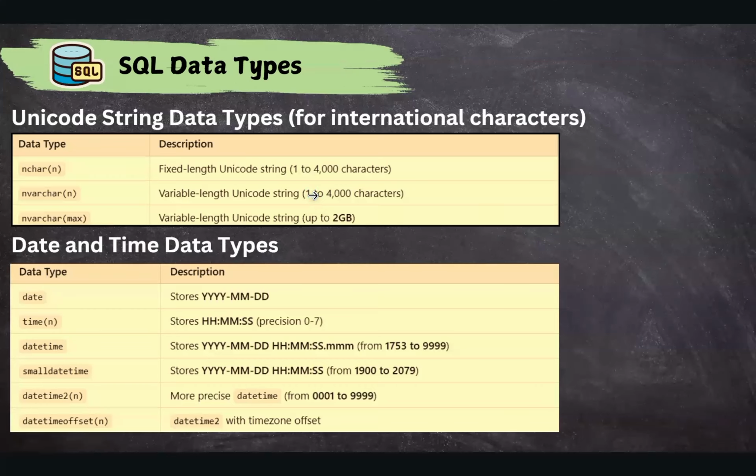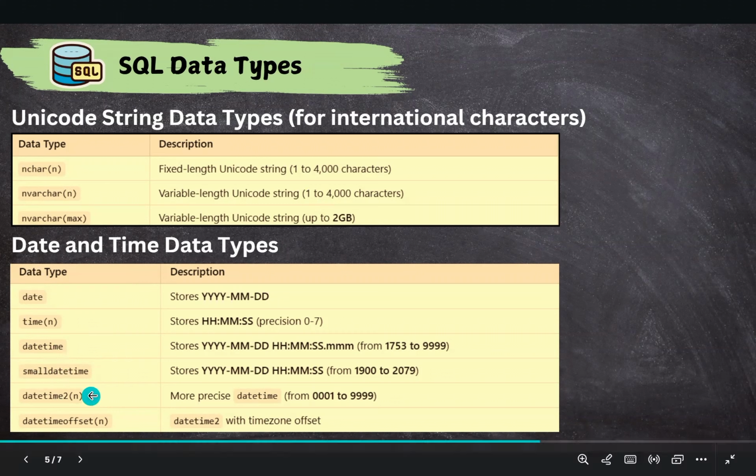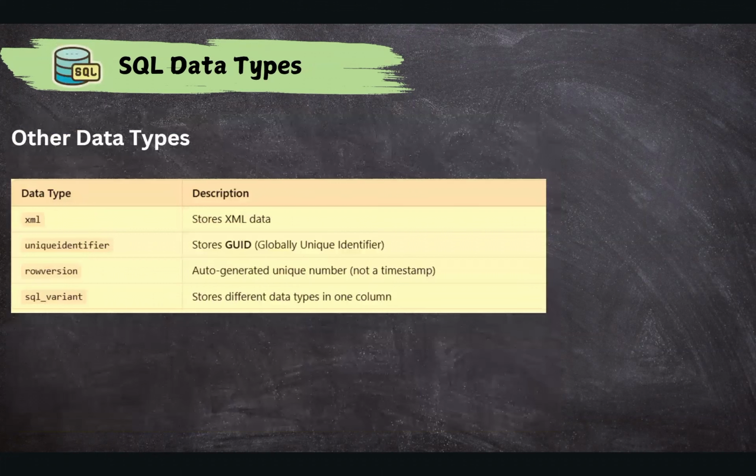So guys, similarly, if you are going to store data based on date and time, you can utilize date, time, datetime, smalldatetime, datetime2, which is more precise, and datetimeoffset in case you are going to offset the datetime based on the time zone. We have some other data types: in case we want to store XML, we can utilize the XML data type.